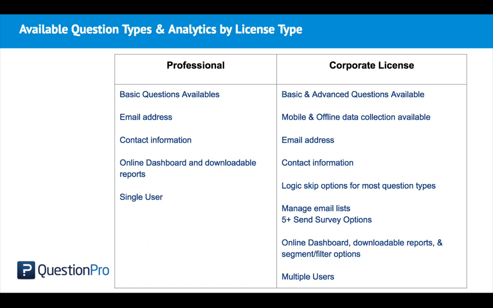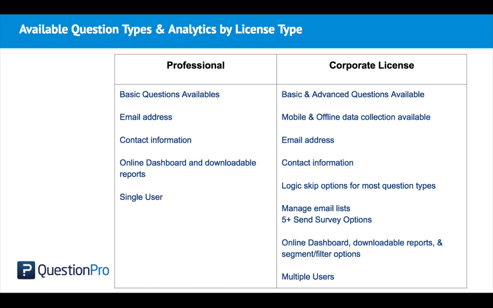The corporate license is more extensive, in which you'll have access to all of the basic question types, and that would include multiple select, single select, text options, as well as some advanced question types available.